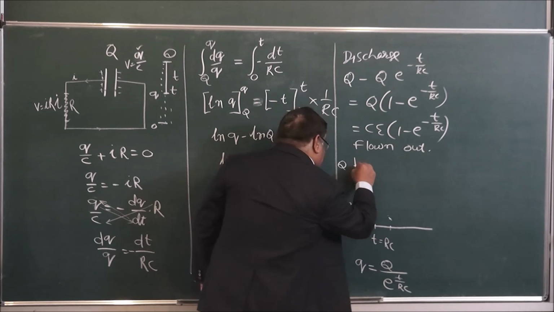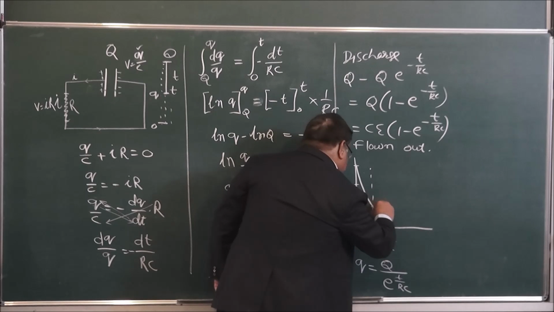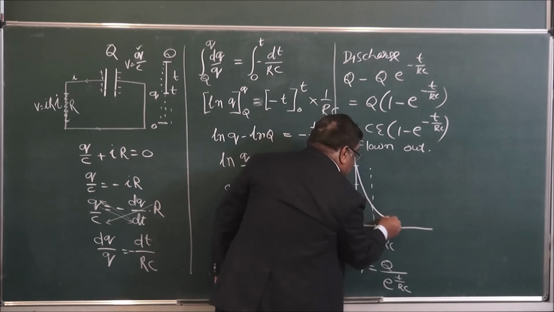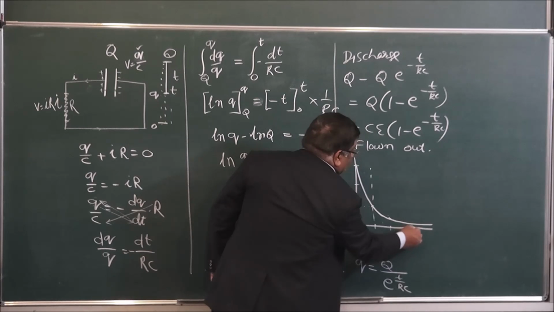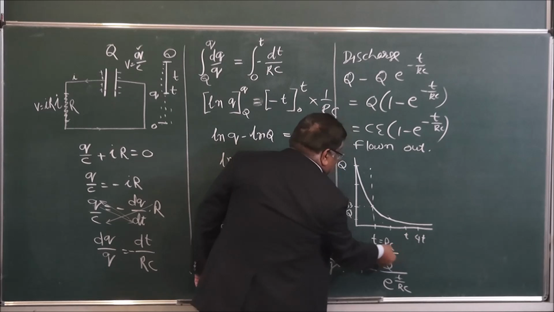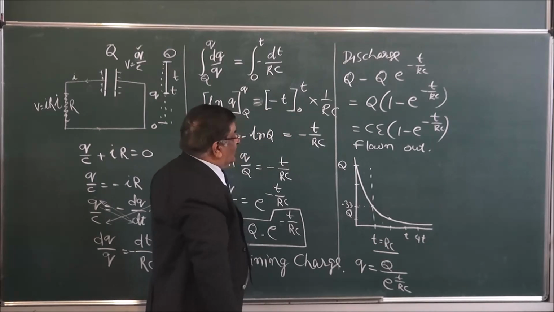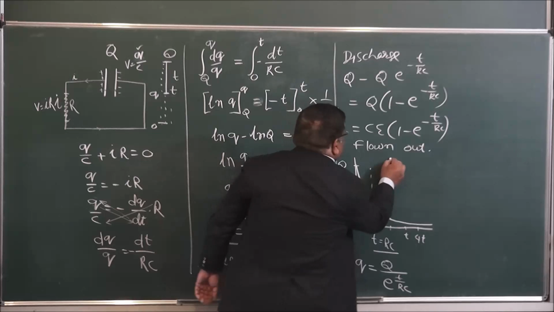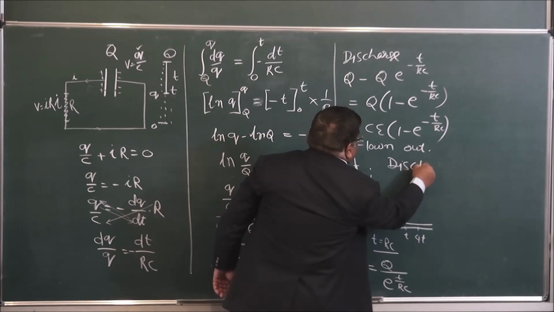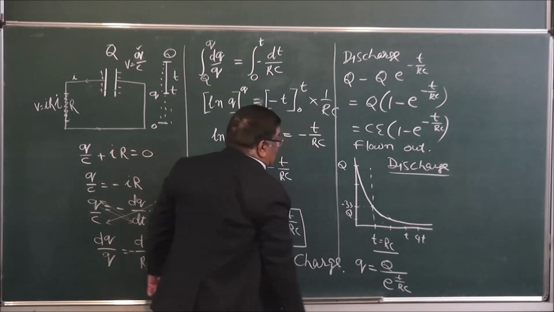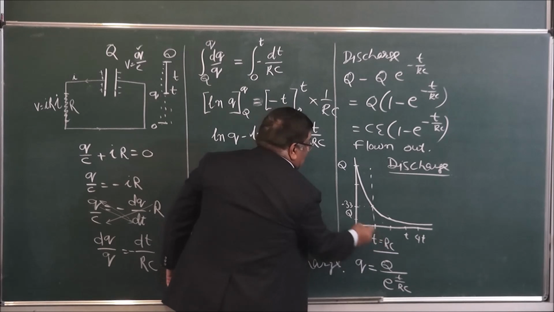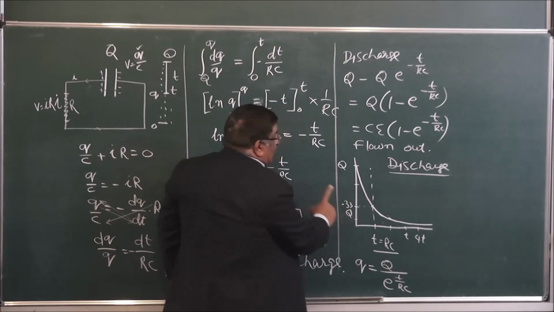And we get a graph like this. This way. This is 3T, this is 4T. And how much is T equal to? RC, time constant. So this is discharge of capacitor.